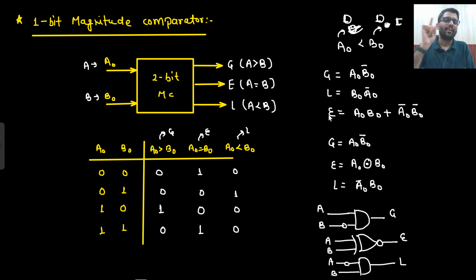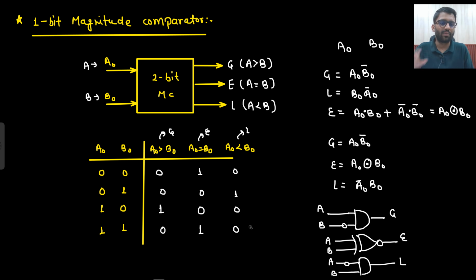Let me tell it again. They can be equal when A naught is 1 and B naught is 1, or A naught is 0 and B naught is 0. Are you getting this point? Or and. So what is this? A naught XNOR B naught. So in that manner you should also write down the values, or the final expression. So in that manner also you should be comfortable writing your final expression.